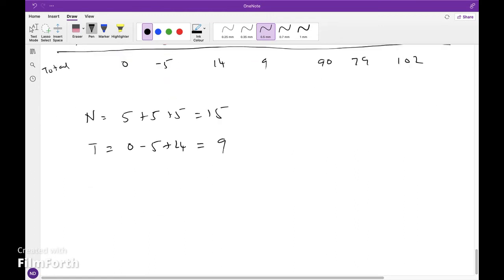And the correction factor is T squared by N, so 9 squared by 15. That value is 5.4.